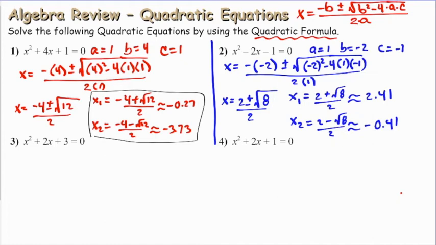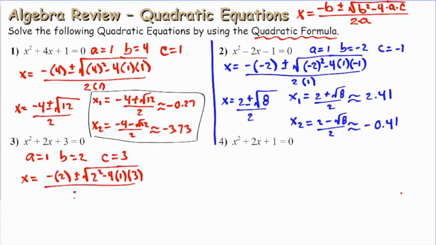If we look at problem 3, our a is 1, our b is 2, and our c is 3. And we can plug this into our formula. And what we're going to notice here is that the square root is going to be a problem.